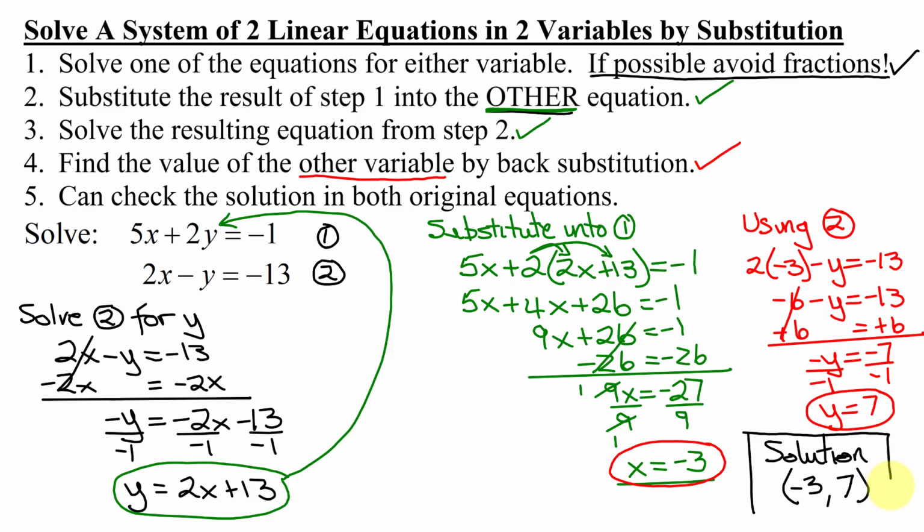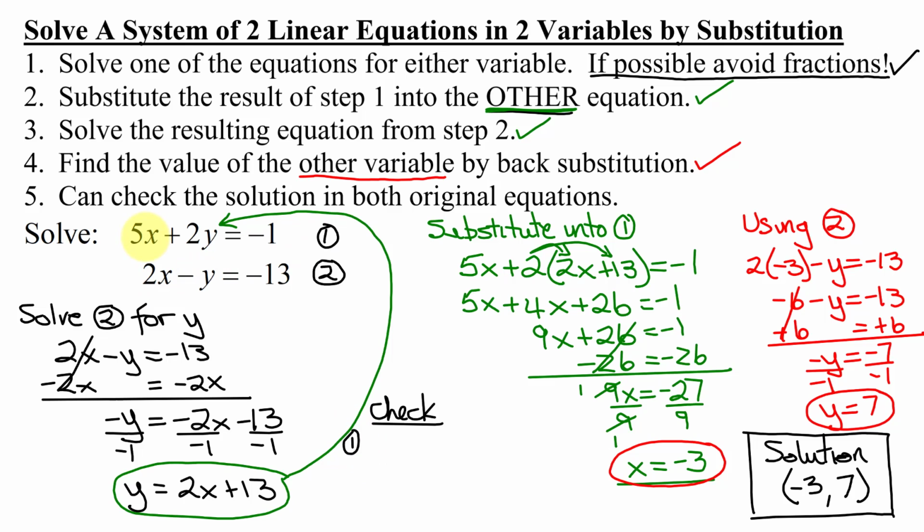So that is the solution to this linear system of equations, and we can check the solution in both of the original equations. So if I wanted to check my solution, I'd plug x equals negative 3 and y equals 7 into both equations.